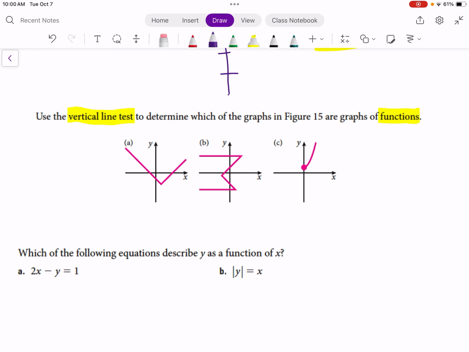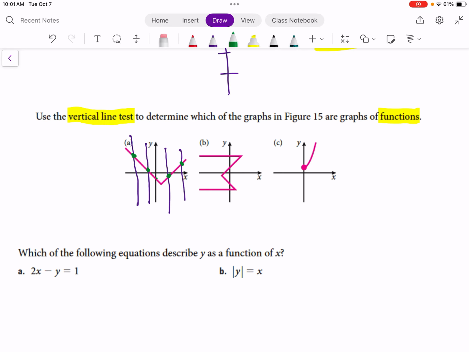You can draw a vertical line anywhere on the graph, and if every vertical line on the graph crosses the graph exactly at one point, okay. So let me draw a vertical line here. Wherever you draw a vertical line on this graph, those vertical lines cross the graph exactly at one point, right?